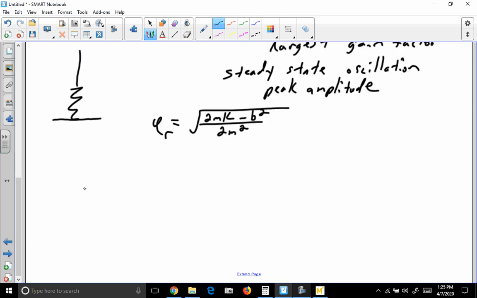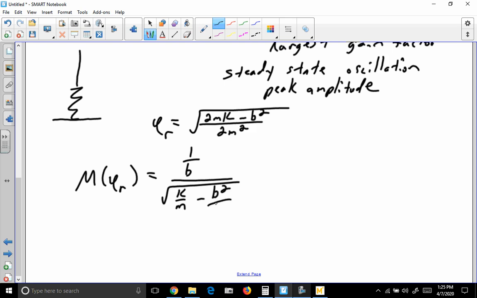If we substitute that back into our function M for our resonance curve, that's going to simplify to 1 over b times the square root of k over m minus b squared over 4m squared.